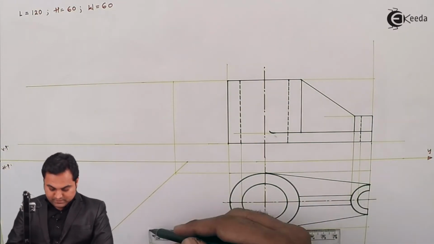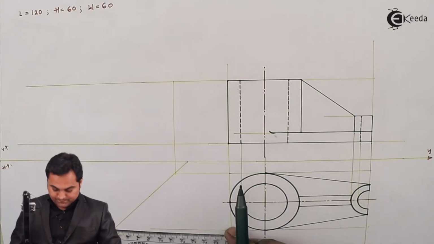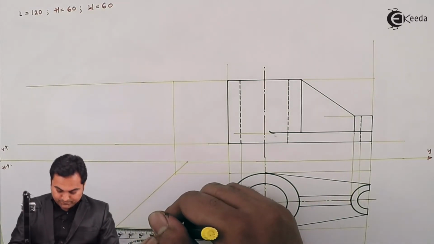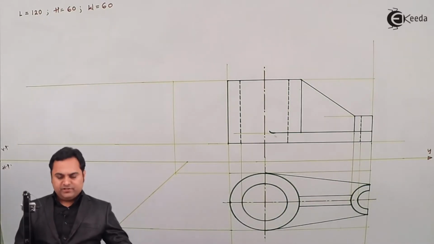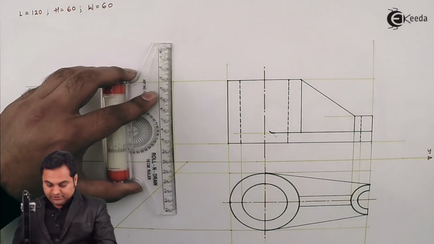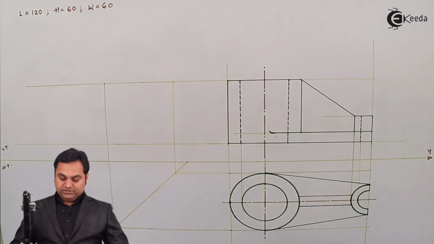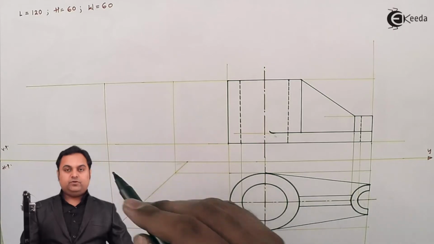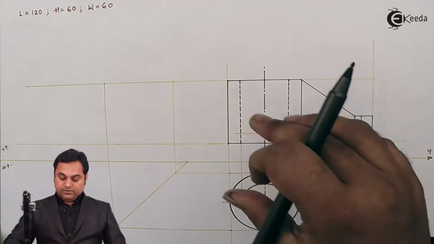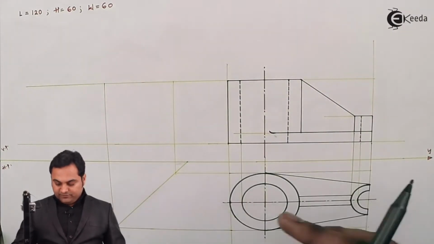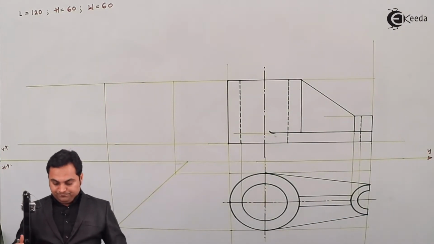Similarly from here I'll project this horizontal line to this 45 degree line and then project it upwards. So this is the box inside which we are going to draw the side view. Here the height is 60 and even the width is 60. Height we have got from the front view, width from the top view.